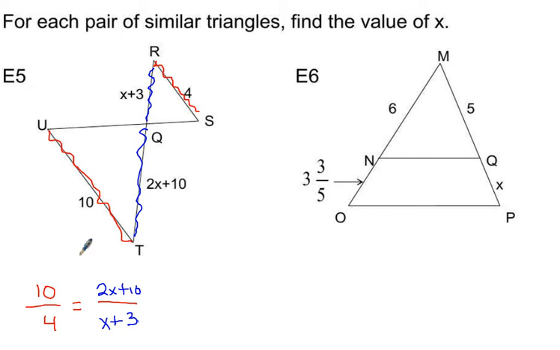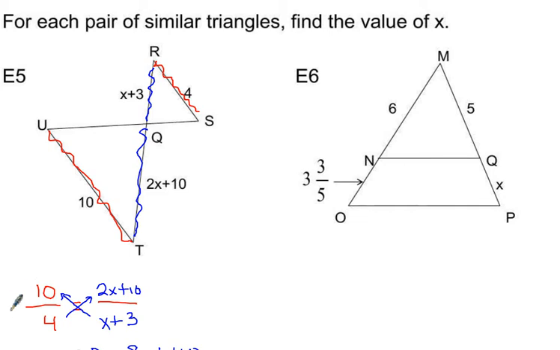To solve any proportion, we cross multiply. So I'm going to multiply here and here. That's going to make it 10x plus 30 equals 4 times 2x, which is 8x plus 40. We're going to minus 8x from both sides.